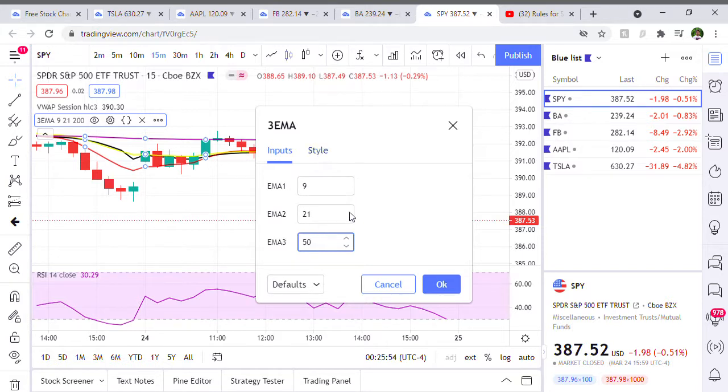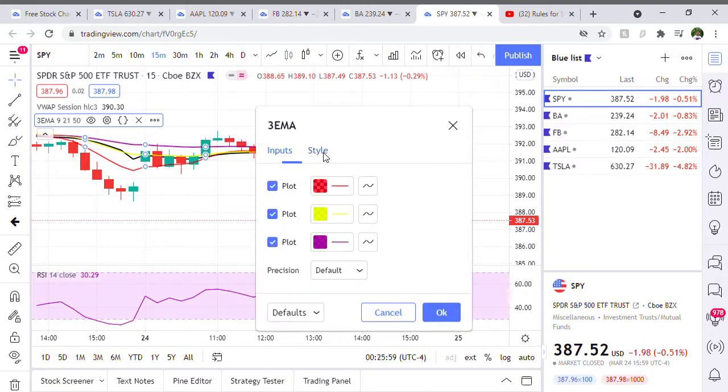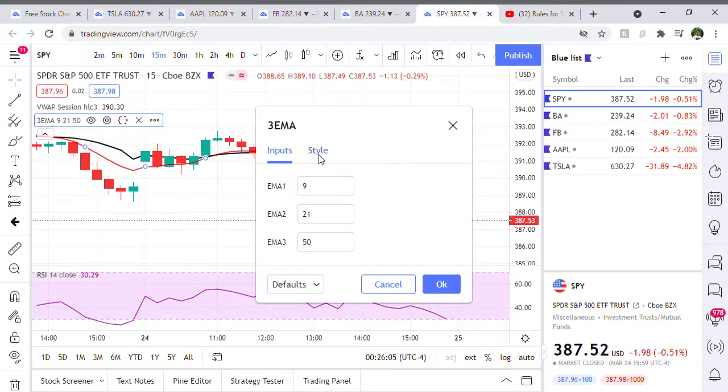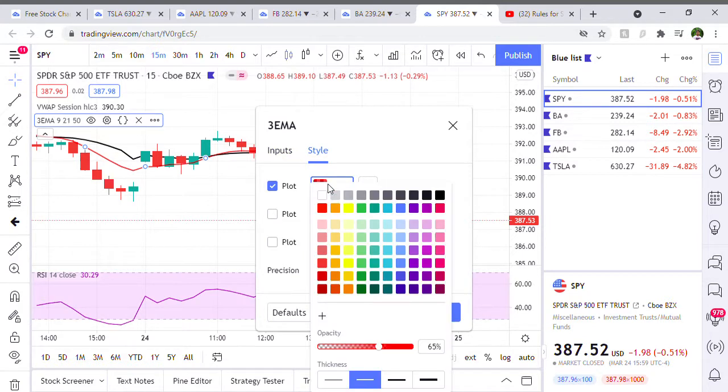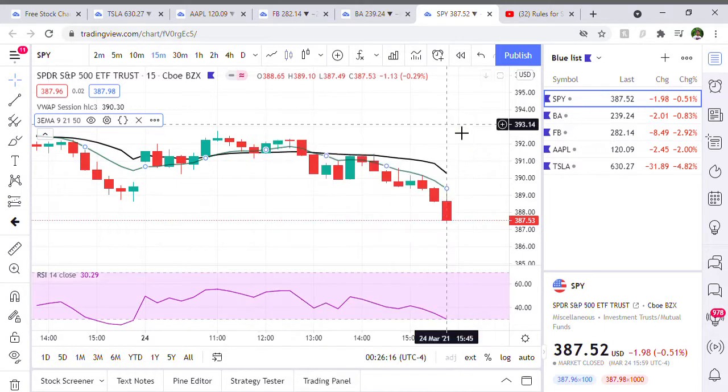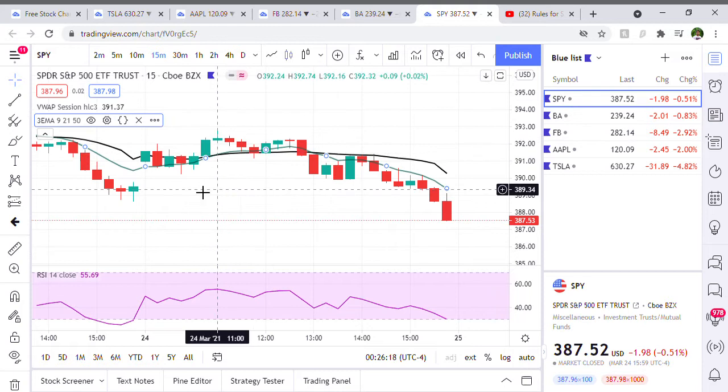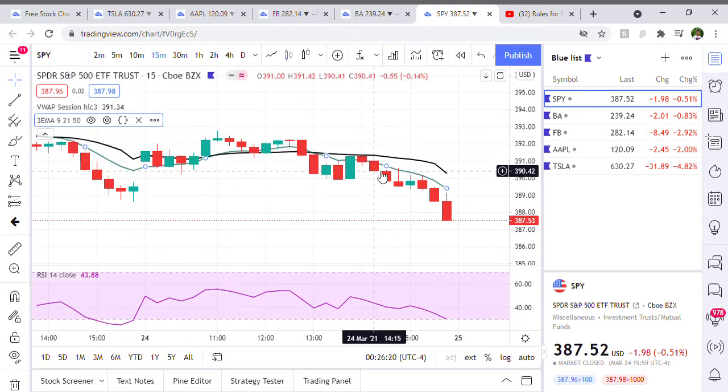Actually we don't need EMA 2 and EMA 3, I'm just saying in case you try. I don't want to plot these two, so I'll remove them from vision. I'll give it a green color and a line. Now I have plotted my 9 EMA on my chart.